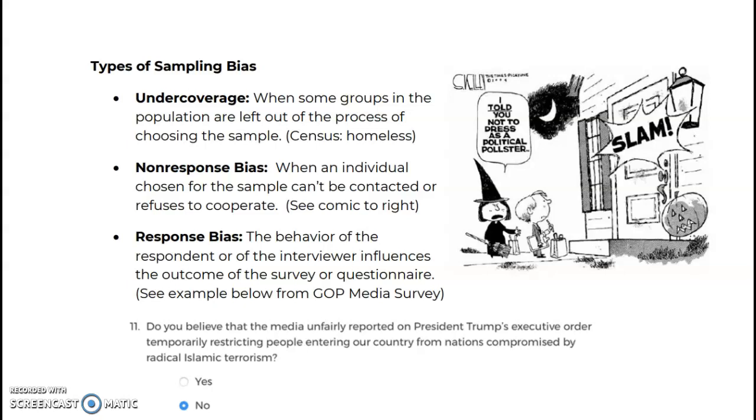One example of response bias was in a previous semester, some of my students were asking their classmates or other people on campus certain questions, and they actually just asked for verbal responses. So they didn't even have a questionnaire where people could fill it out on their own and then fold it up and return it.